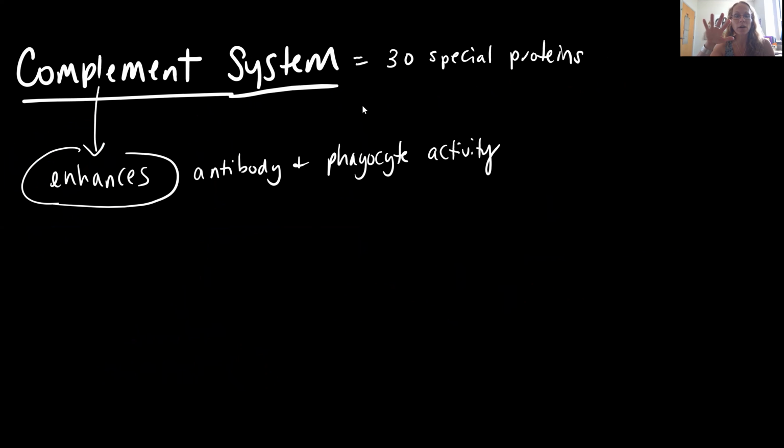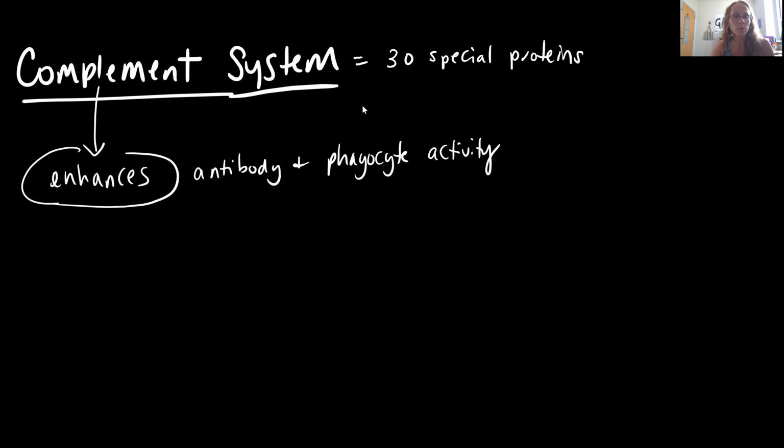Okay, so we're ready for our 5th topic, which is the complement system. The complement system is a group of about 30 specialized proteins. They're complementing or enhancing antibody and phagocyte activity. So there is some additional information presented to you in your textbook.